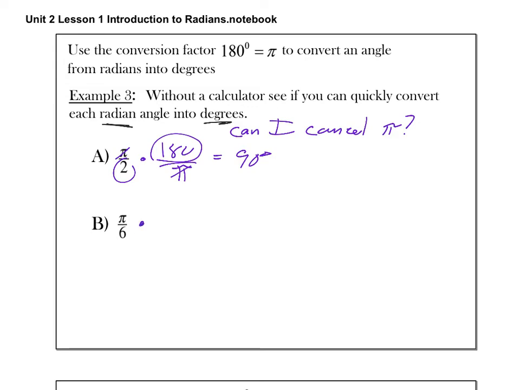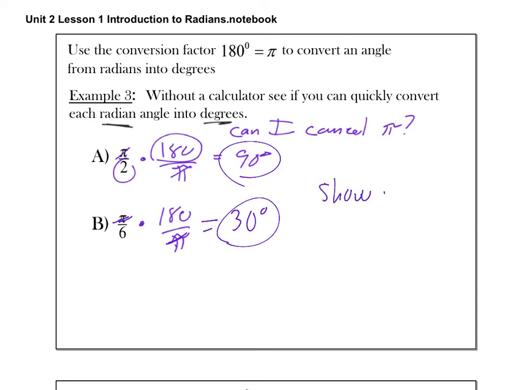Part 2, pi over 6, again, that's 180 over pi. I can most definitely cancel out the pi's, so 180 over 6 should be 30 degrees. And pay attention to this because this is going to show up later. So recognizing pi over 2, pi over 6, and especially pi over 3. The third one's going to be pi over 3, so make sure that you can recognize those.